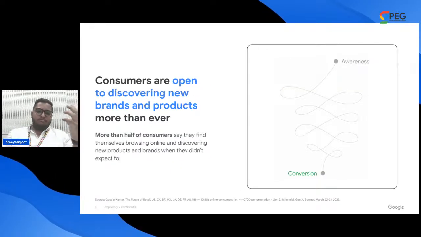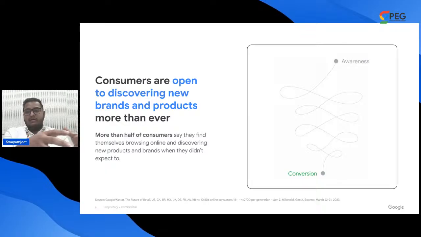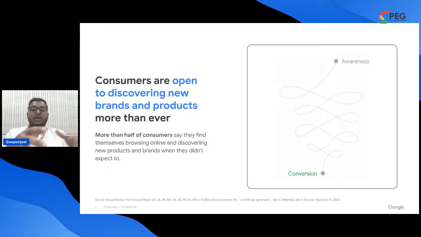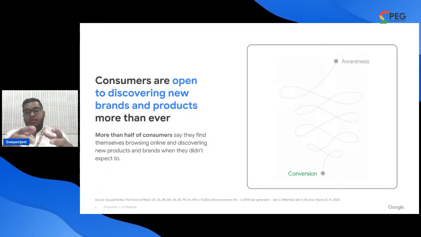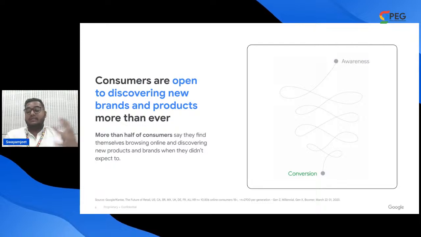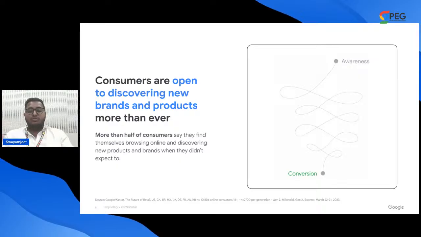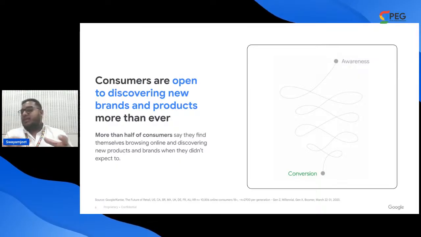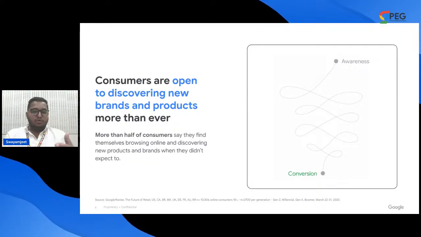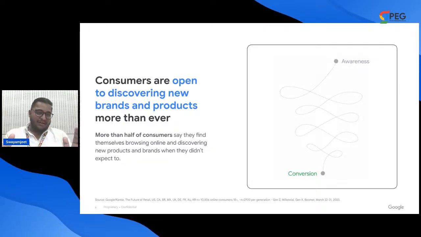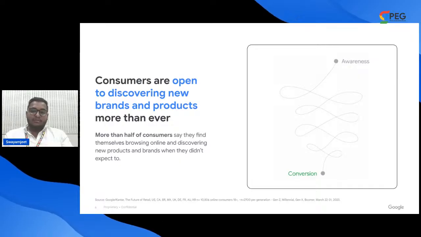Now, building on this idea of untapped potential, let's talk about customer behavior. We are living in a world where discovery is king. Think about your own online habits. How often do you stumble upon something new, something interesting? Maybe while you are scrolling your feed, going through your Google Chrome discovery page, or just by looking at an ad. You are not alone. Many of us go through the same thing.